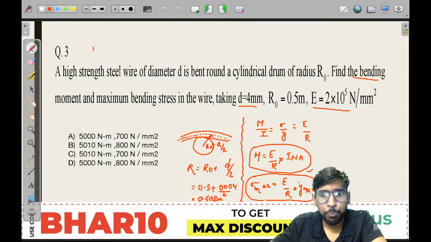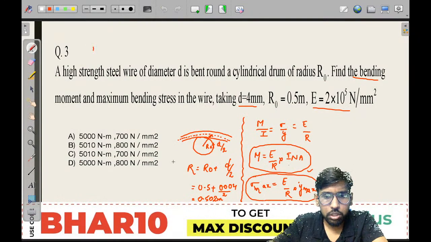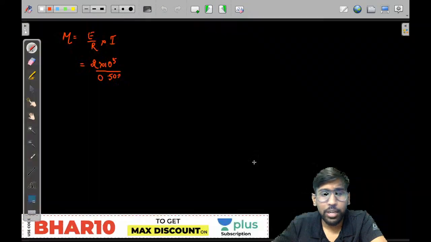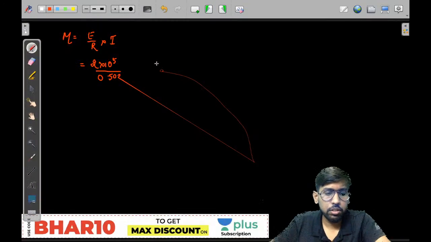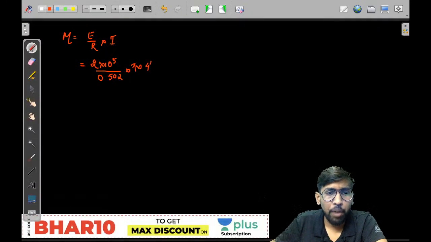R you are getting as 0.502 meter. And I neutral axis is pi d to the power 4 by 64, where D is 4 mm, so pi into 4 to the power 4 divided by 64.